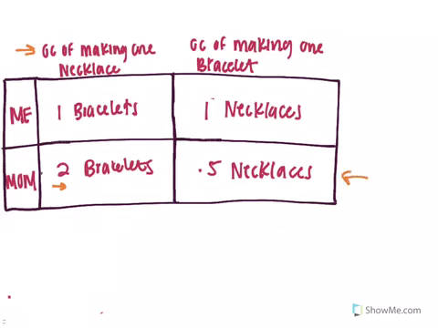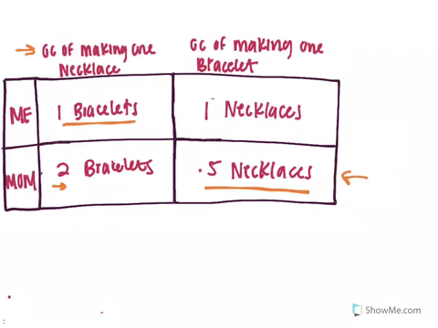Looking at the data in this table, I have a much lower opportunity cost for making one necklace as compared to my mother. On this side, for bracelets, my mother has a much lower opportunity cost for making bracelets than I do.